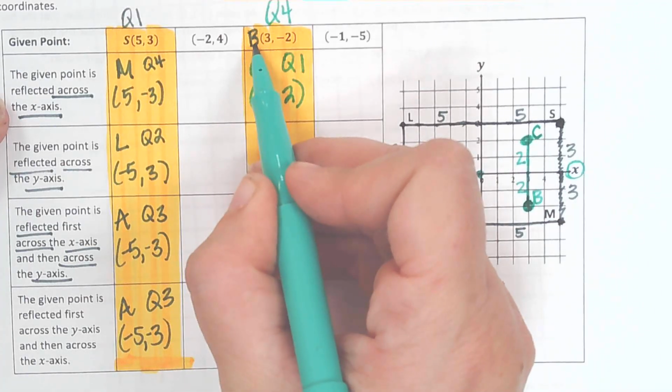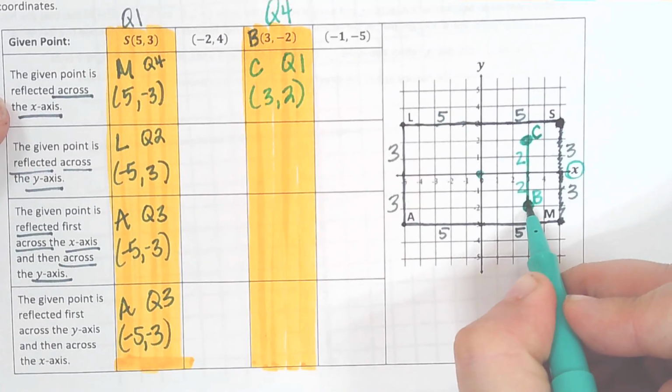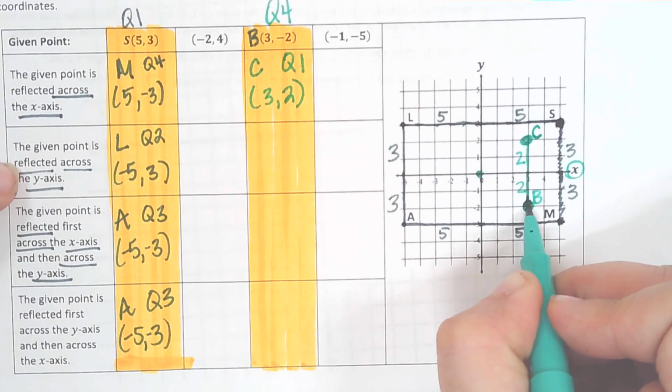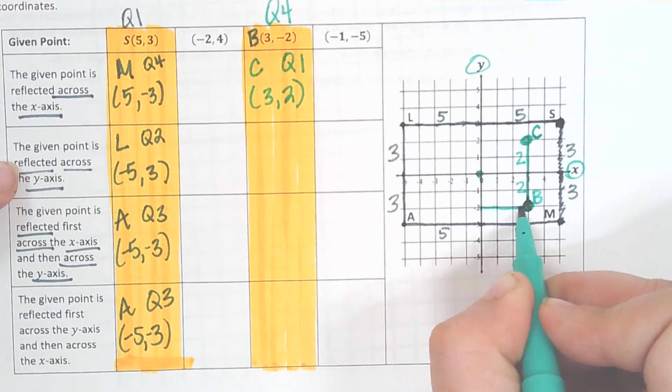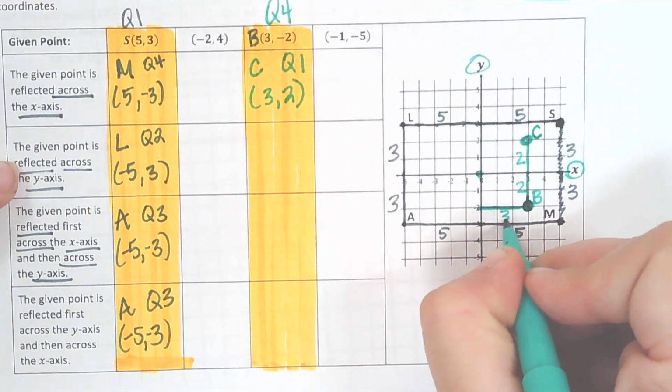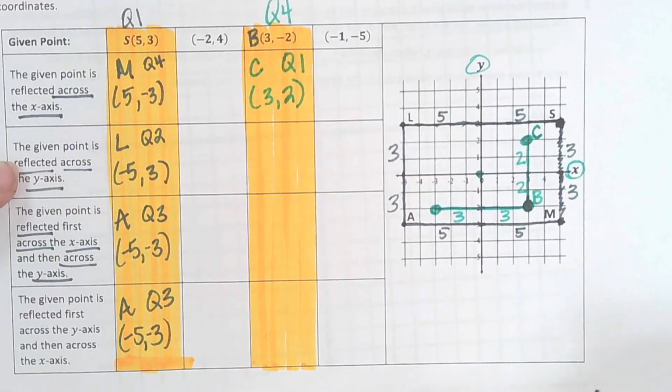Okay, everybody go back to B. Put your pencil point on B. Now they want us to reflect across the Y. Which direction am I going to go to get to the Y? And how many did it take? 3. And now I need to go 3 more to the left to make it a perfect symmetrical reflection.